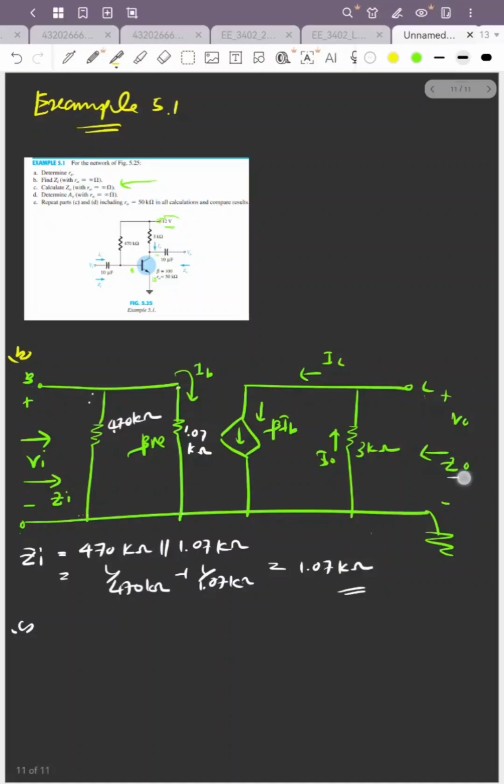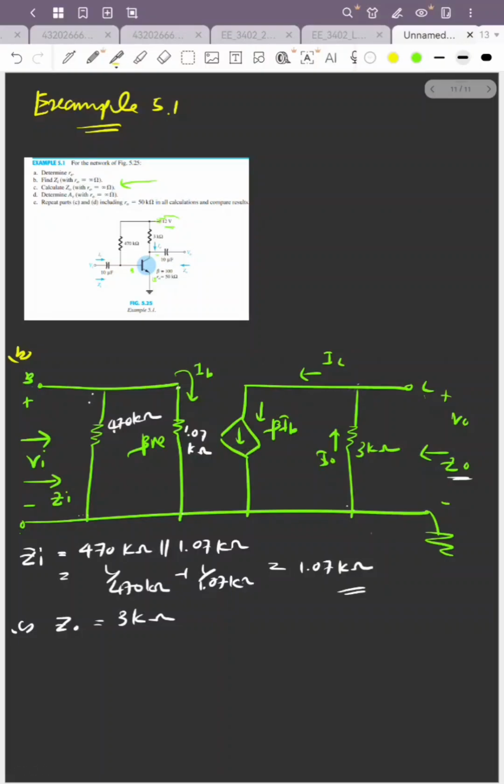As you can see, this is our ZO. The same way we did Zi, we have to do to find the ZO. So ZO is directly equal to 3 kilo ohm, because there is no RO or any resistors between these two points.